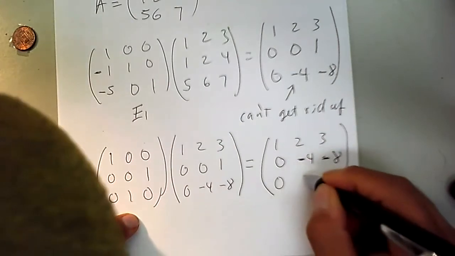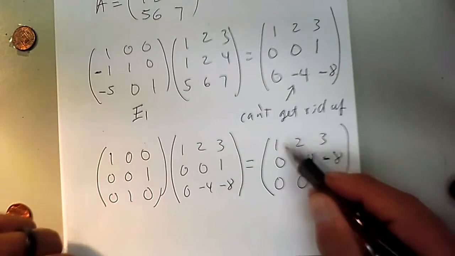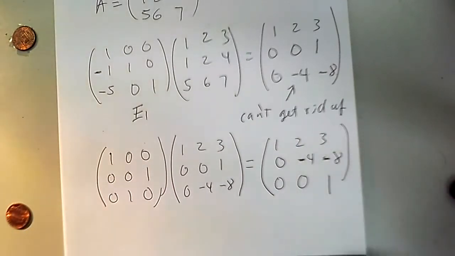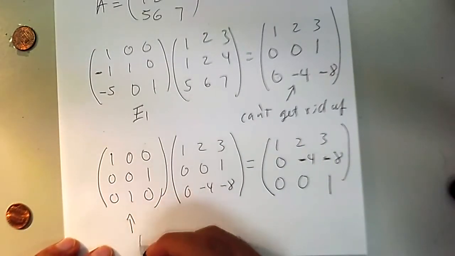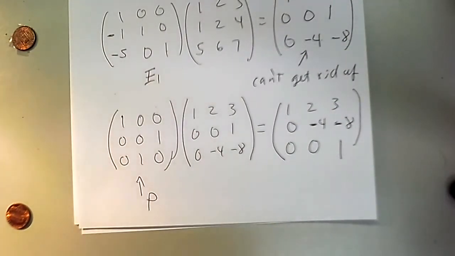So 0, 0, 1. That's already upper triangular, so we don't have to go any farther. And we call this a permutation matrix.